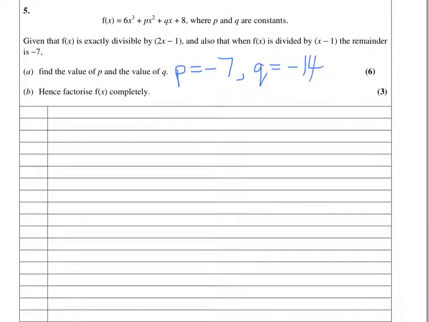In part B, I need to factorise f of x completely. I've already got one factor, so I need to find the other two. I know there's going to be 3 because it's a cubic equation, so there's 3 values of x that would work. So I'll use long division.